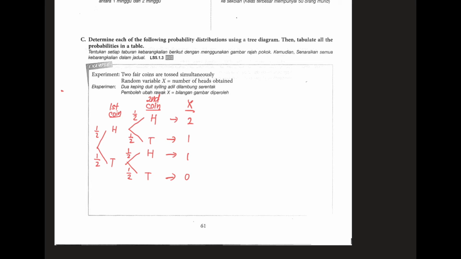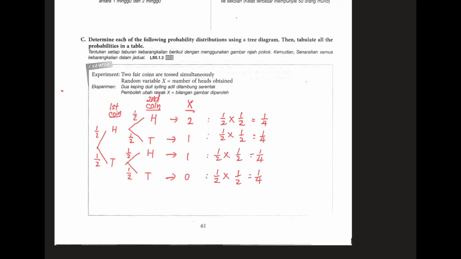Now, in order to get the probability for 2, we take 1/2 times 1/2, so you will get 1/4. All of them have the same way of calculating the probability. Yeah, that's 1/4.